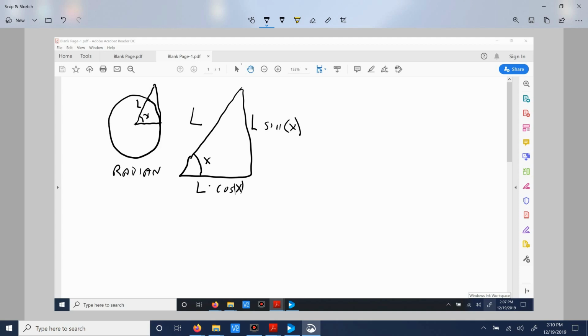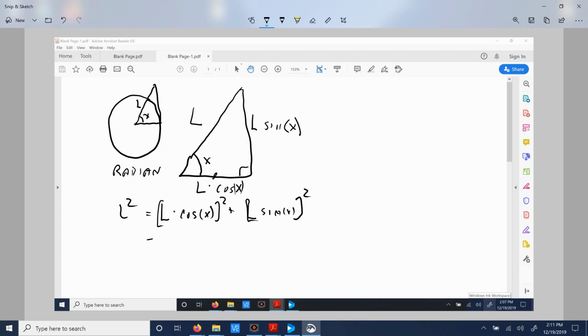Then I'll point out that by the Pythagorean theorem, since this is a right triangle, if you take the base, L times the cosine of angle X, and square it, and then add that to the other side, L times the sine of angle X, squared, that will equal L squared.